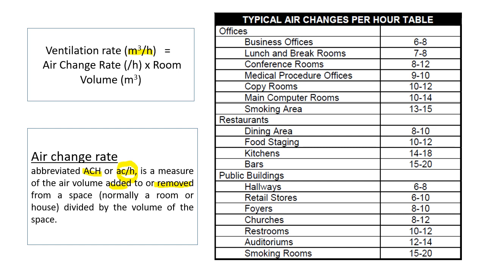And the suitable air change rate for different types of space is also different. For example, for a business office, we have 6 to 8 air changes per hour. And for public buildings, for example restrooms, we have 10 to 12 air changes. So we really have to refer to the table before we decide what is a suitable air change rate for a space.